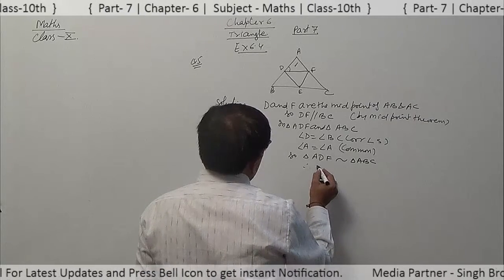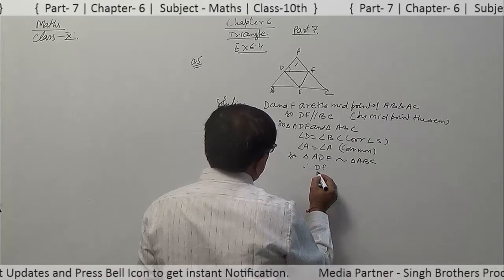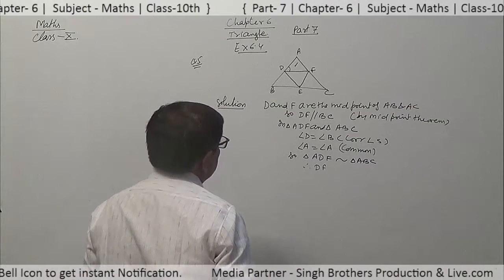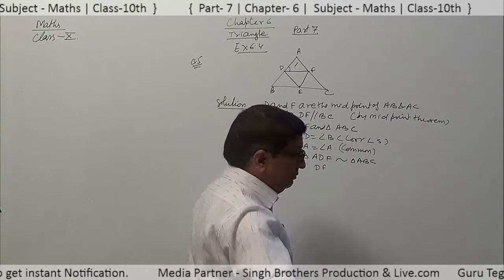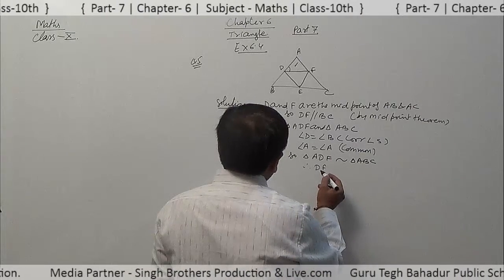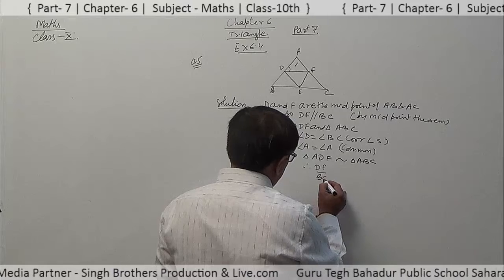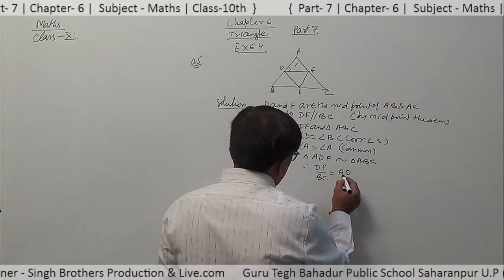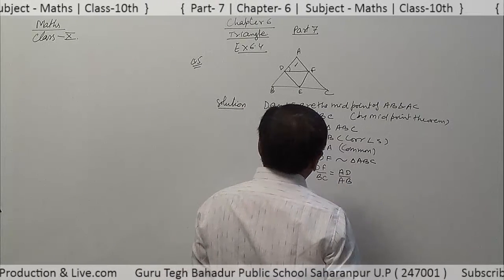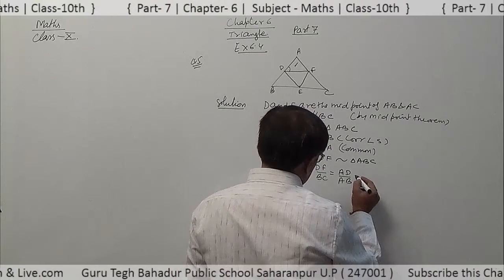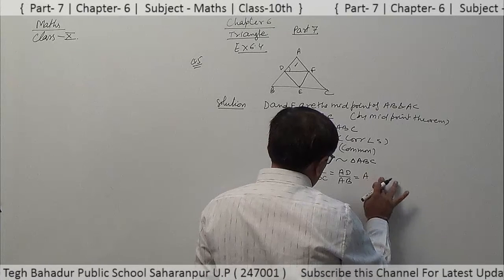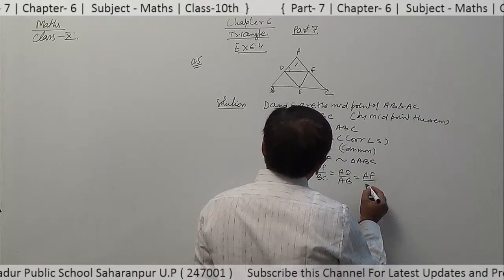Therefore, DF upon BC is equal to AD upon AB is equal to AF upon AC.